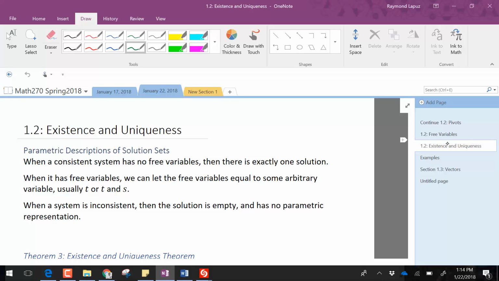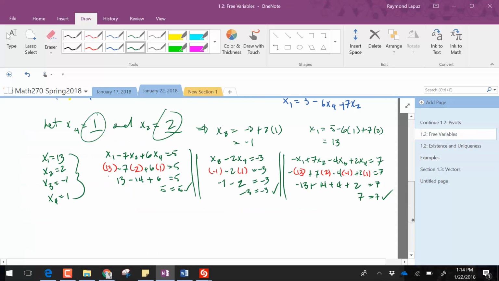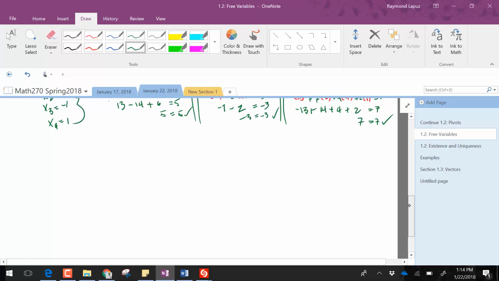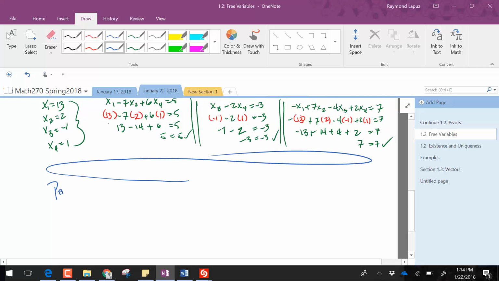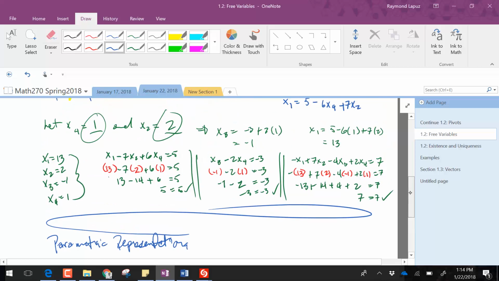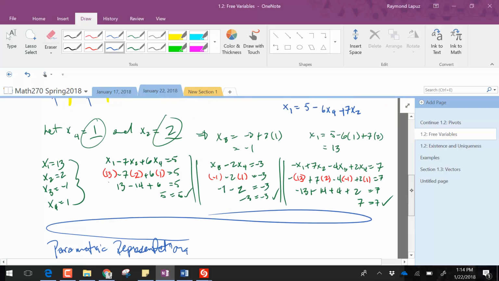So I'm going to go back to the previous page and see if we can write this as a parametric system, using parametric representation.